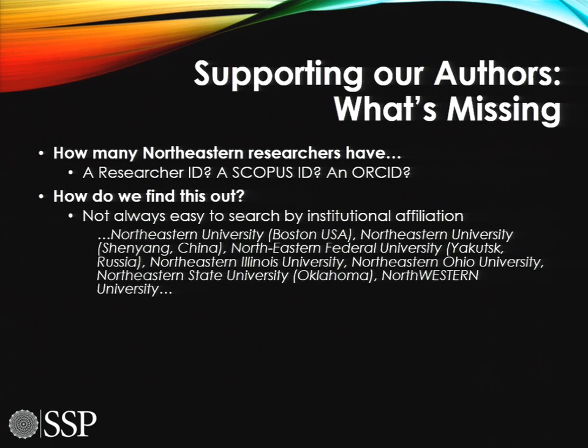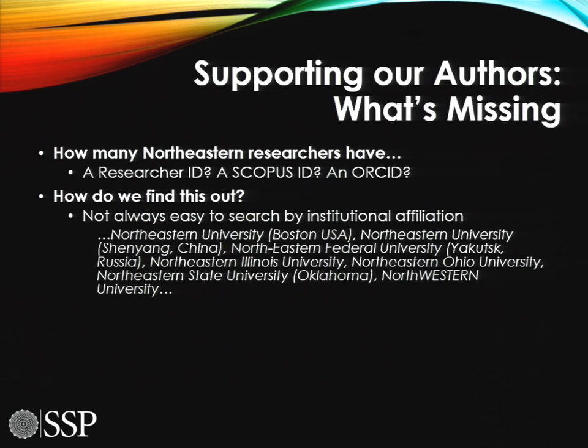But there are things that we would like to do that are challenging. For example, we want to know how many Northeastern researchers have an ID assigned to them, whether that's an ORCID or a researcher ID or a Scopus ID. As a couple of people have mentioned on this panel, name disambiguation for institutions is a real thing as well. There are many different flavors of Northeastern University, not just the one in Shenyang, China.